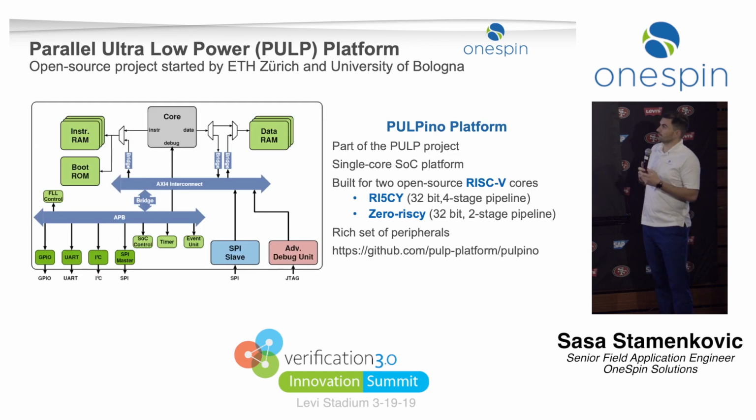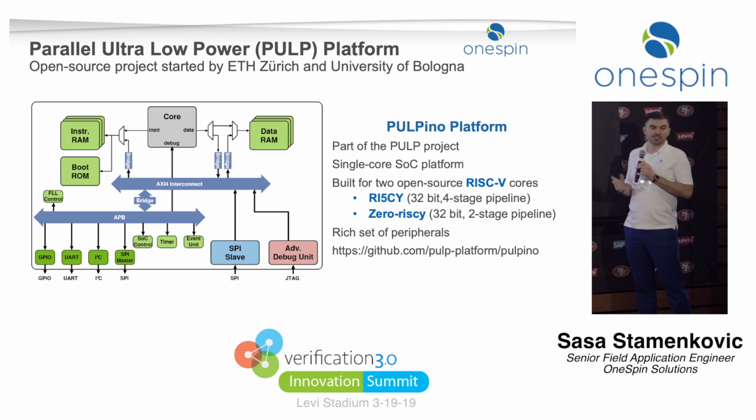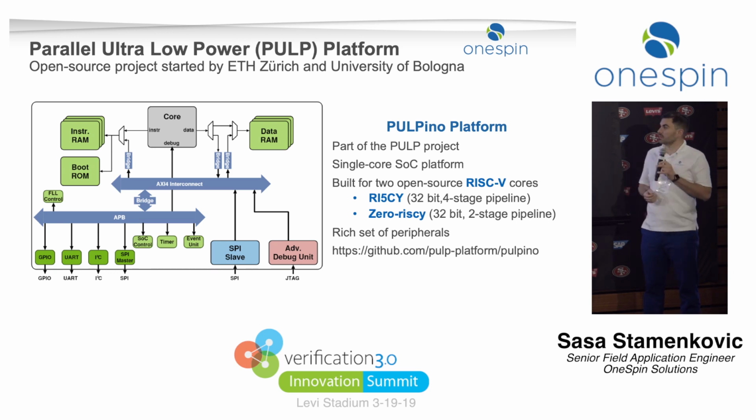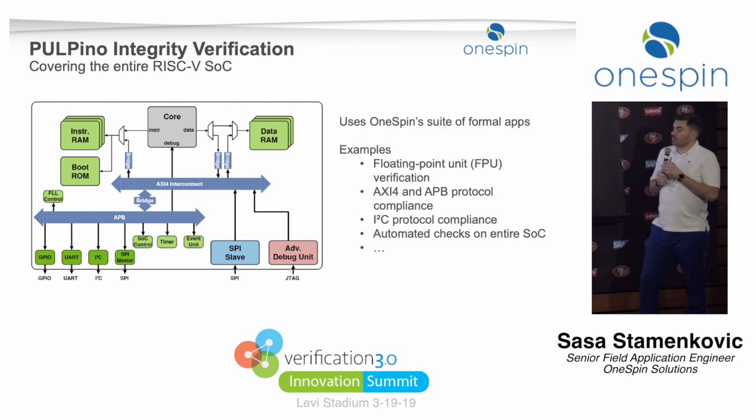Let me tell you just a few words about this platform. It's a single core platform, but it is very rich with peripherals, and all the details about it can be found where we downloaded it from GitHub.